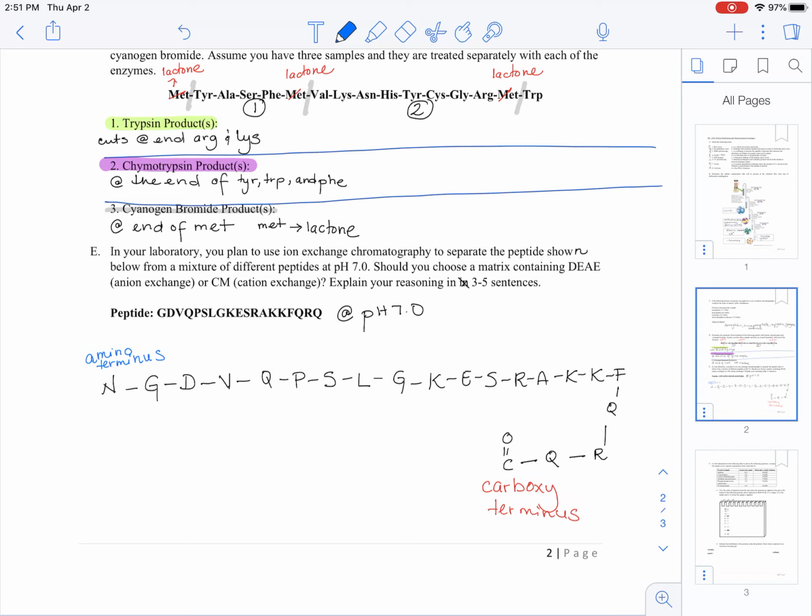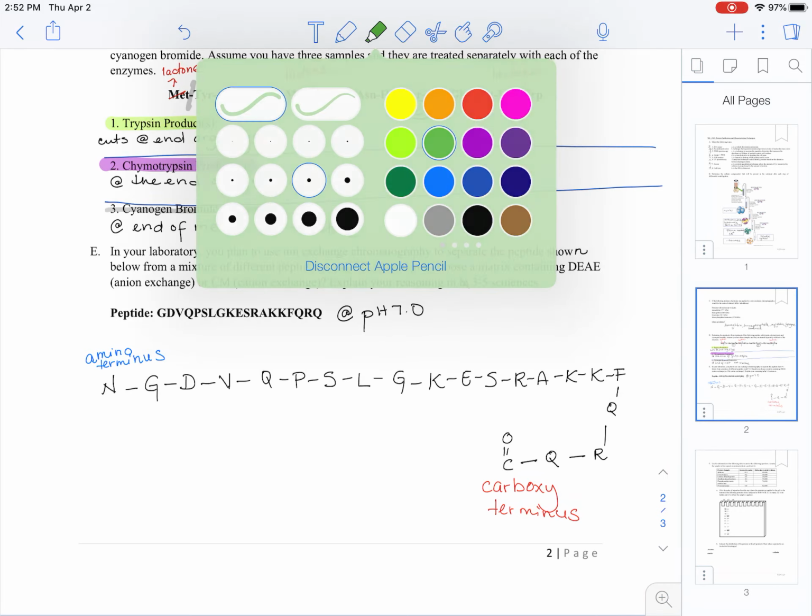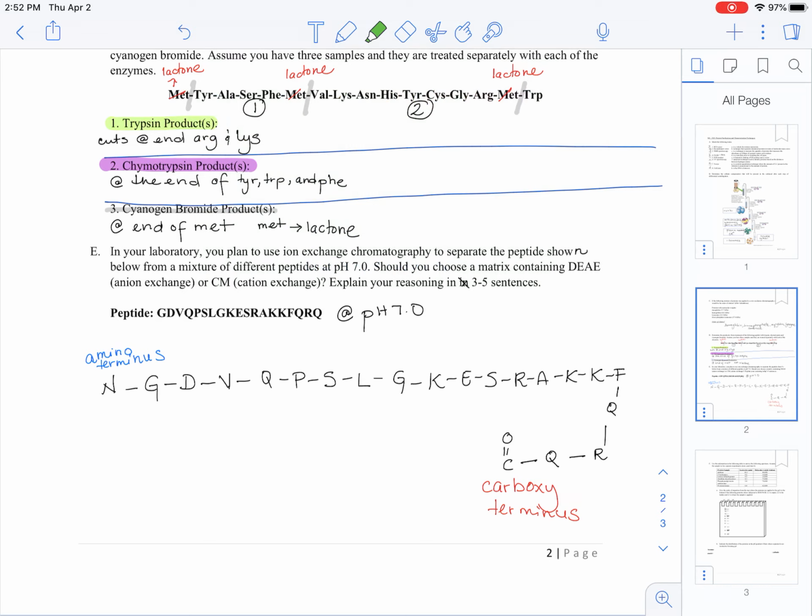Now, if I look at the values for the pKa's in table 3.2 and compare them to the pH at which I'm treating this peptide, remember, anytime you have a pKa that is lower than the pH given, we're going to be losing a particular proton. So now I'm going to highlight the residues that are affected by the changes in pH.